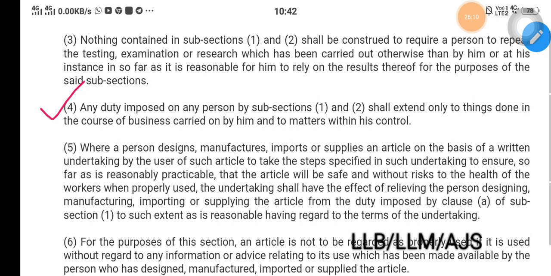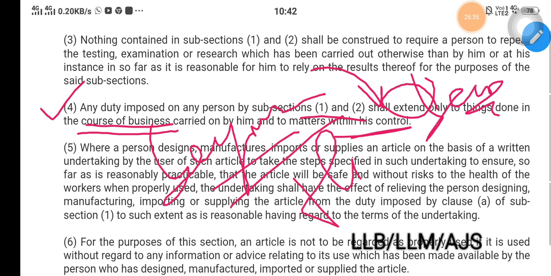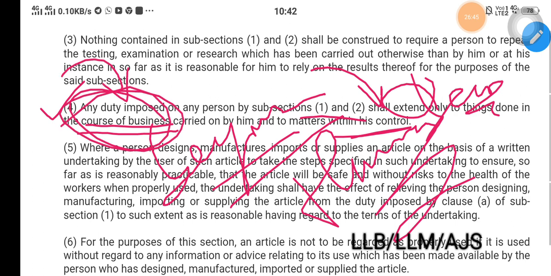It should not be something beyond the control of this person, because sometimes accidents occur beyond the control of the person or beyond the control of human agency. So they have to take reasonable care, but it relates only to the course of business, not to someone's personal capacity.